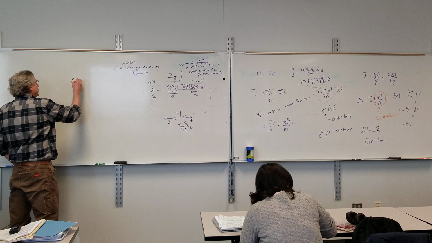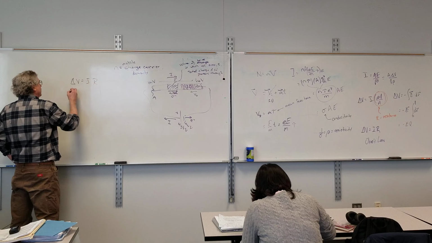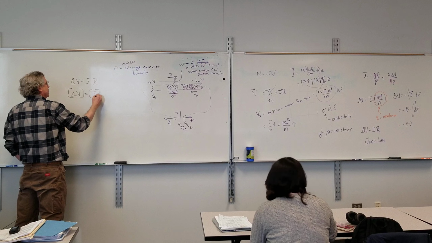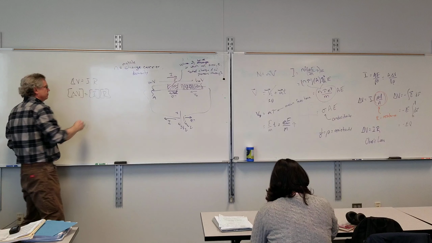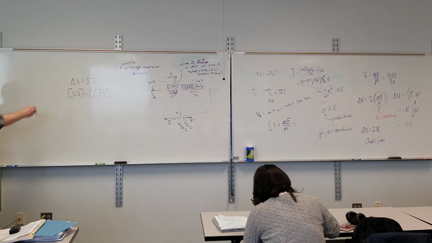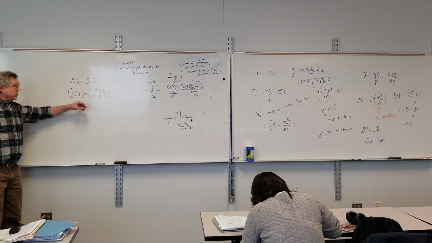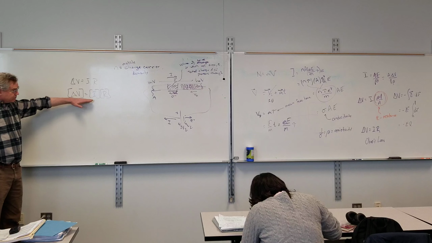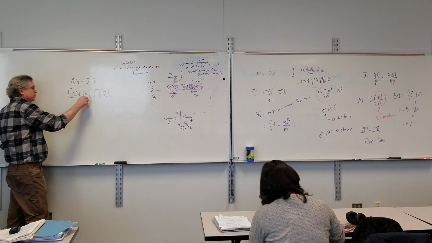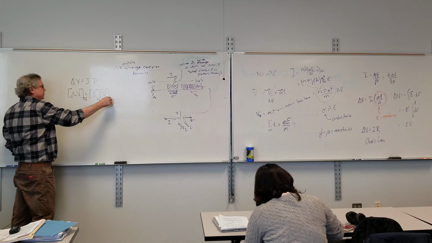So starting with Ohm's law, delta V equals IR. I know the units of delta V must equal the units of I times the units of R. If Ohm's law is valid, which it really seems to be, this should be true. Let's stick with SI units for right now.